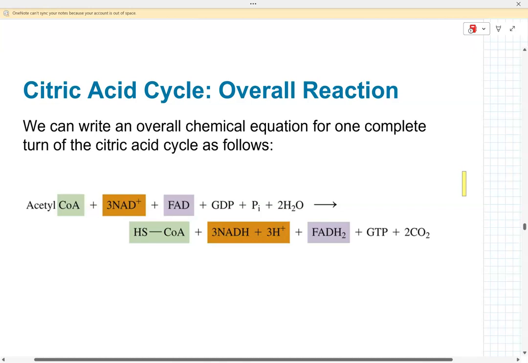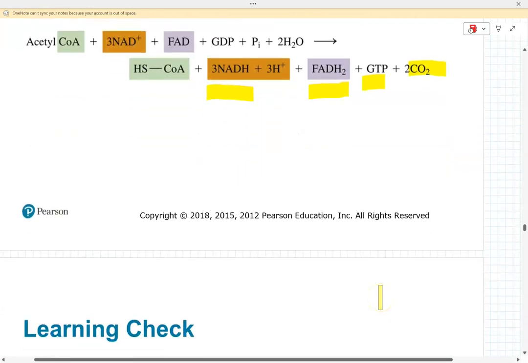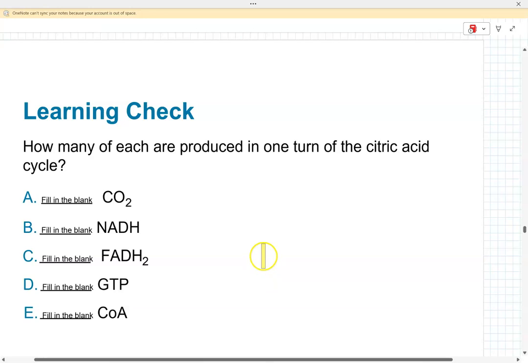I want to focus on the yield on the right. So we've got 3 NADH, FADH2, and GTP, which will be converted to ATP, right? And 2 CO2 molecules. Okay? So, 1 turn of the citric acid cycle.